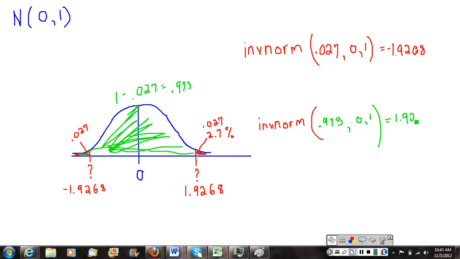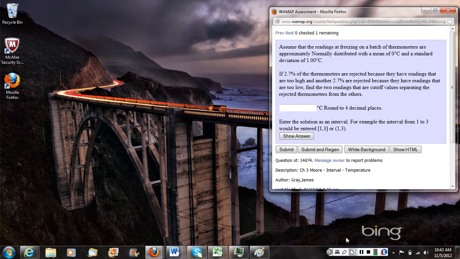And then the last thing I want to check on this problem is, how did WAMAP want me to enter the answer? So we got our answers there, 1.9268 and negative 1.9268. Let's go back and look at that question for a minute. Okay. And it said the solution as an interval.